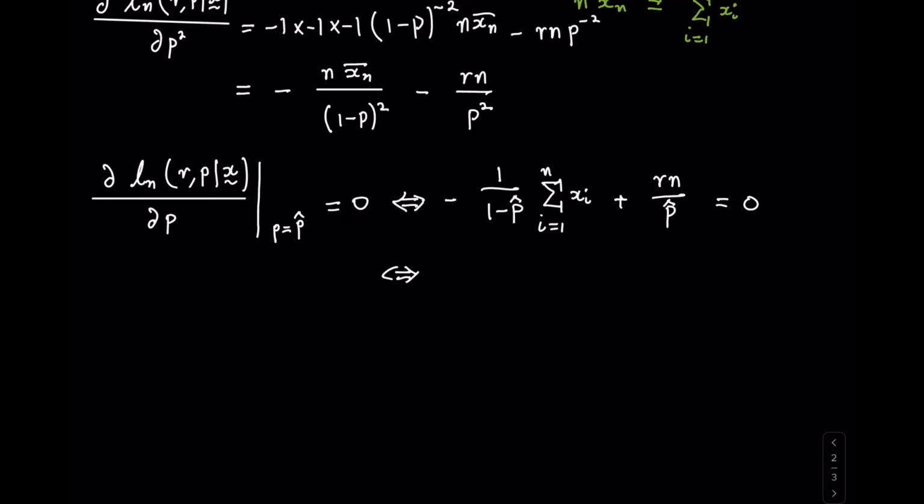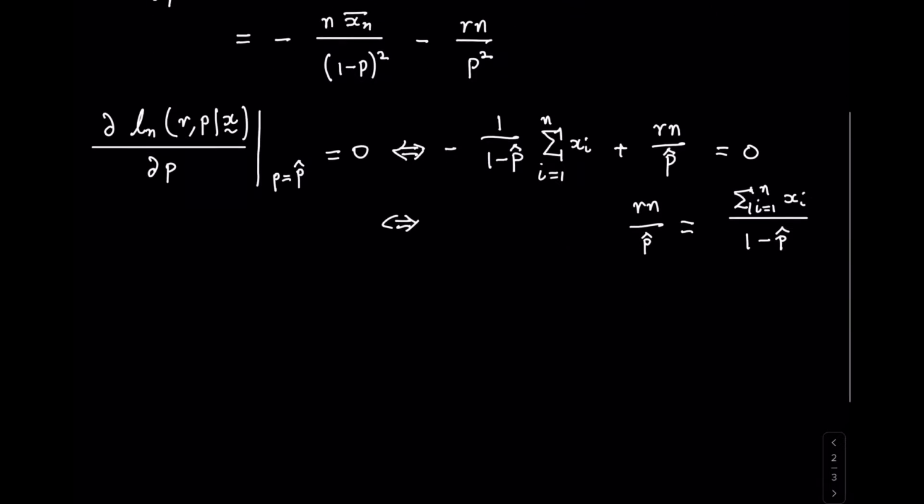So that's what I'm going to do. That gives us Rn on p hat is equal to the sum of i equals 1 to n of xi's all over 1 minus p hat.